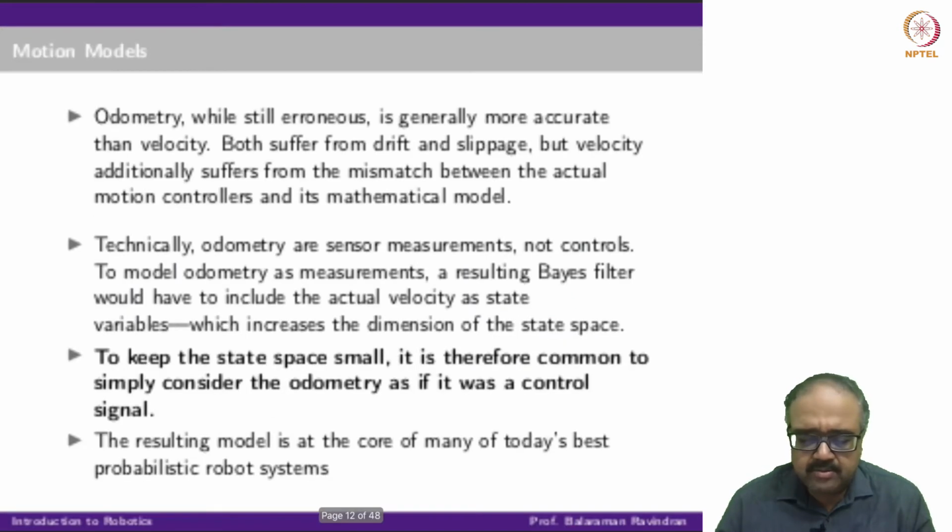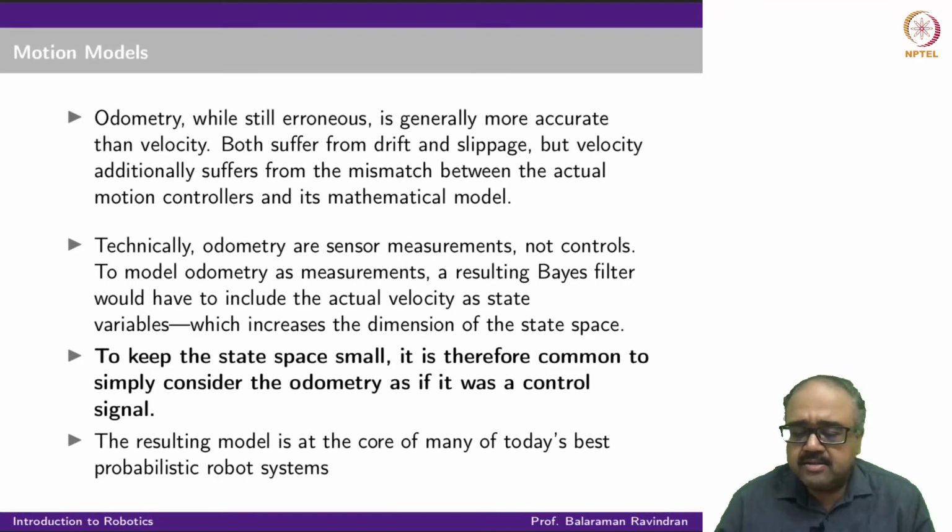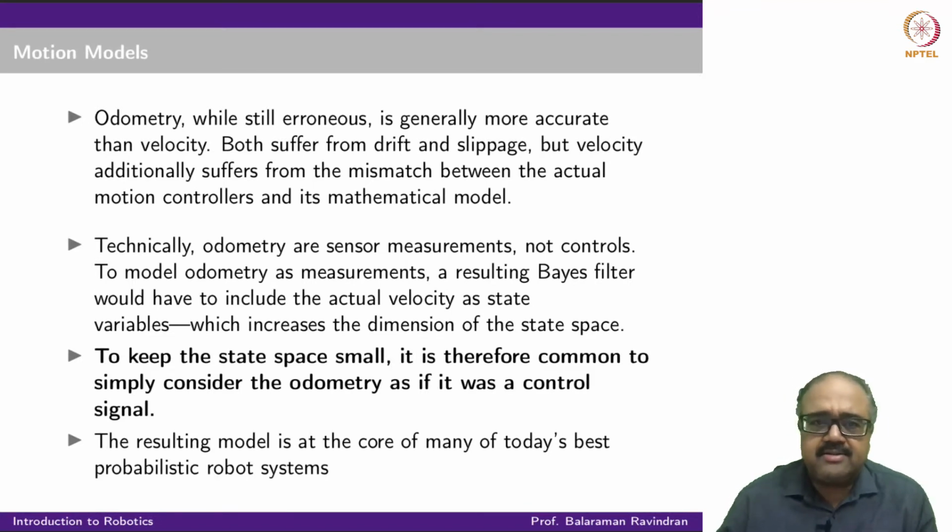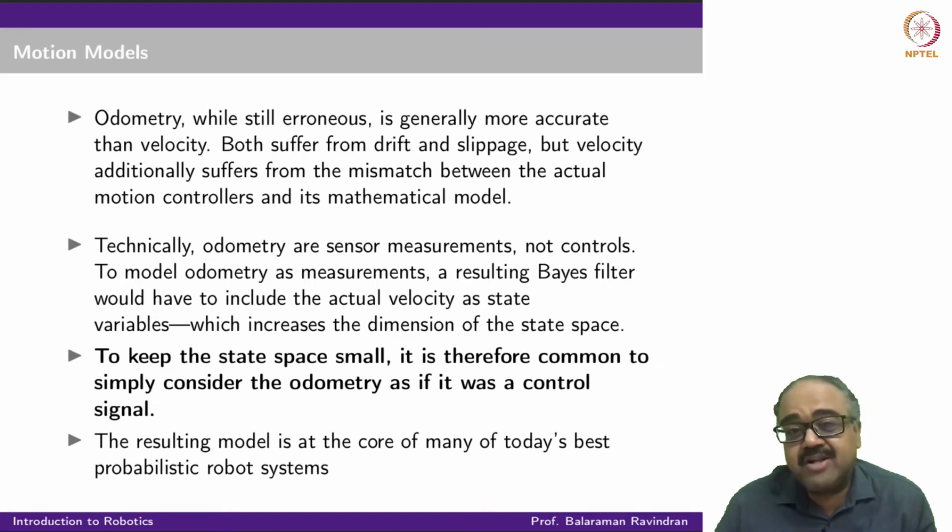So while the measurement could still be erroneous, it's typically more accurate than the velocity for a variety of reasons. There could be some kind of drift and slippage in the actual operating conditions, but apart from that, velocity models also suffer an additional approximation error.